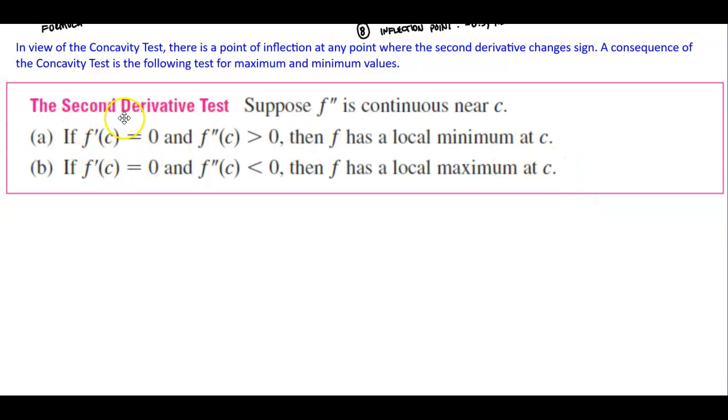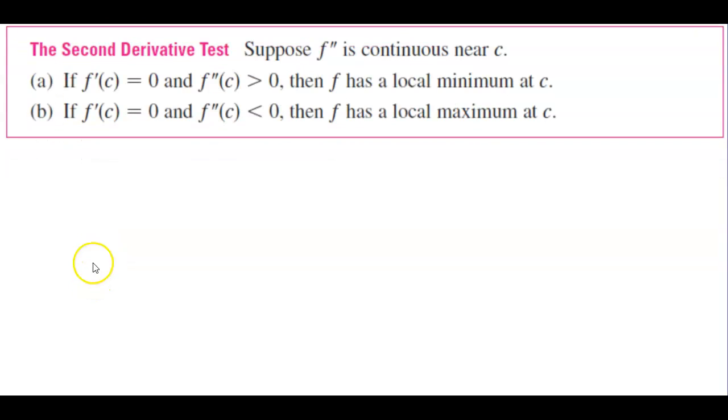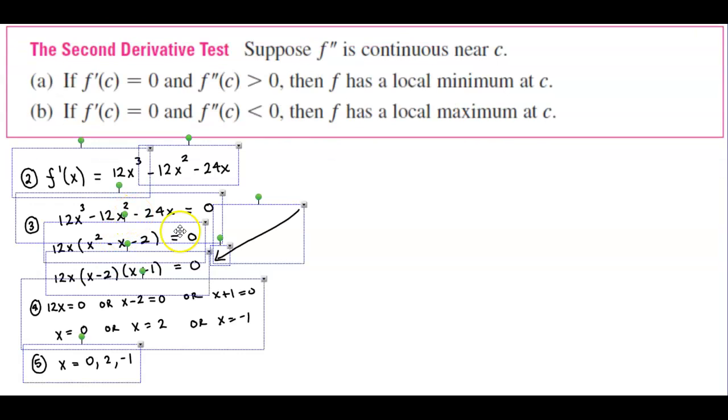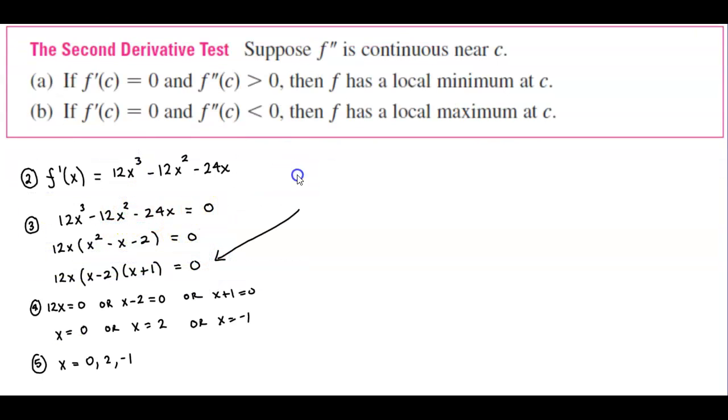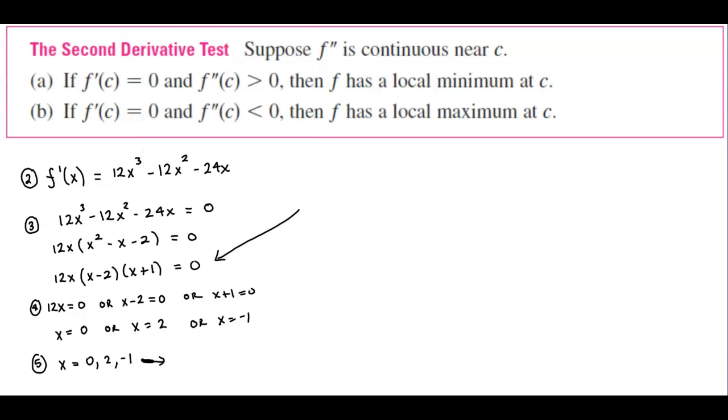Okay, so let's use the second derivative test from our example. From our previous example, I'm going to show you the work that we have already done. We have found the first derivative, and then we found the critical numbers of those derivatives. Okay, and then here are the critical numbers.